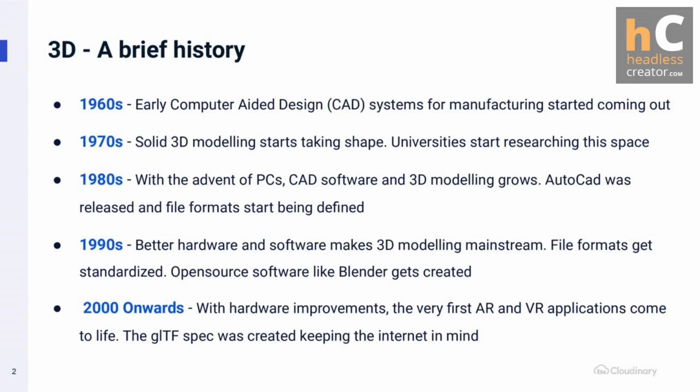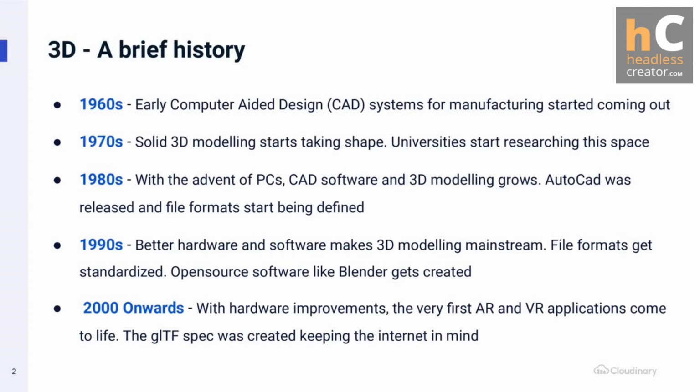Now, fast forwarding to the present, 2000 onwards, 2008, 2010, mobile phones, especially the ones we're used to, iOS and Android, started becoming more popular. This is where 3D started to be more accessible, with better hardware on your devices, and better networks. This is where the next shift in formats happened.